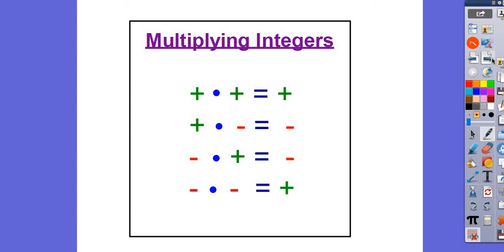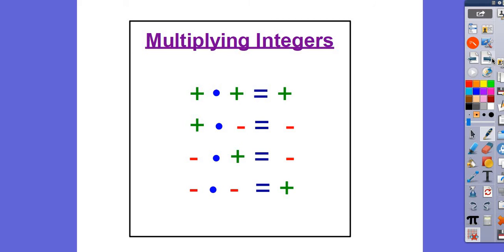And on that sticky note, let's copy this down. We don't care what the numbers are when multiplying to find the signs, because any positive times a positive is going to give me a positive answer. Any positive times a negative is going to give me a negative.